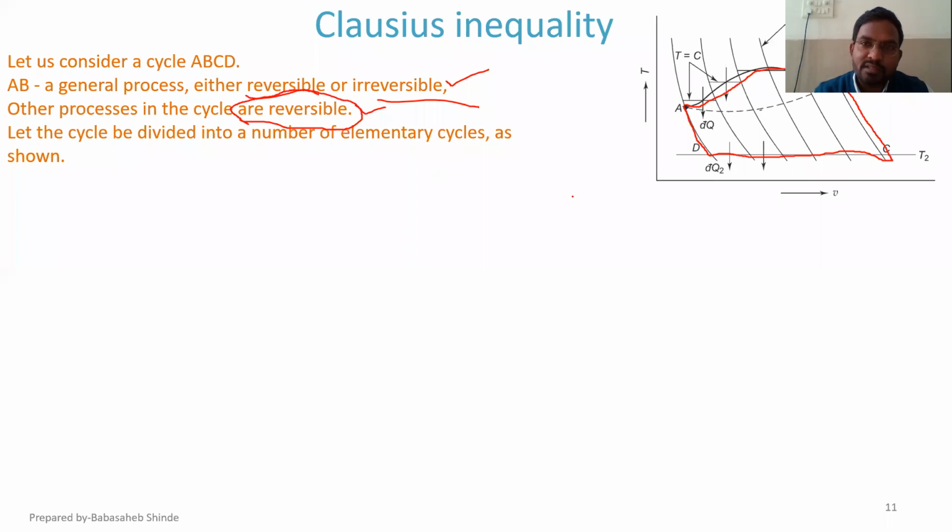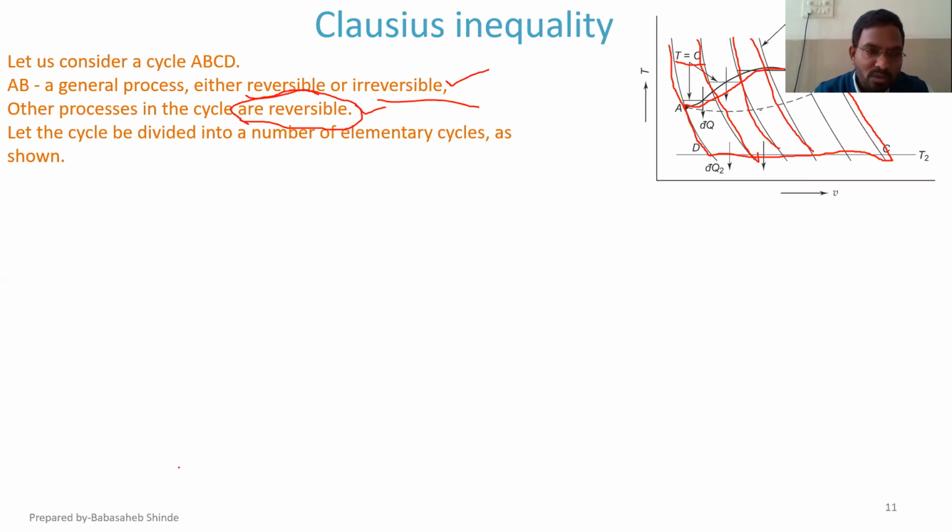Now, just like in the Clausius theorem, what are we going to do? We are going to draw reversible adiabatics and reversible isotherms. T is equal to C means a reversible isotherm at the top and at the bottom, and reversible adiabatics to divide the cycle into a number of segments.